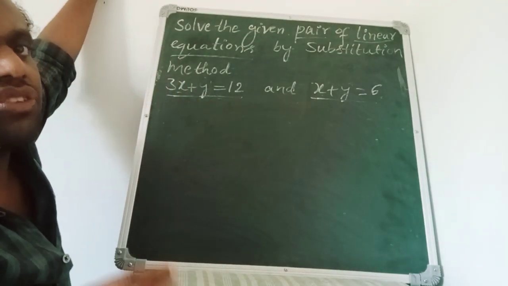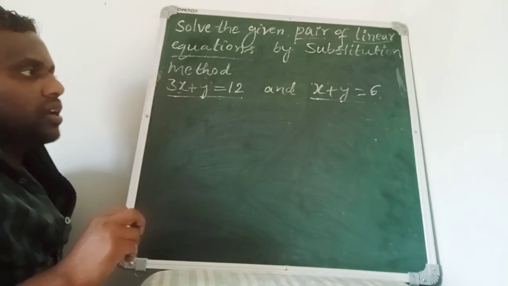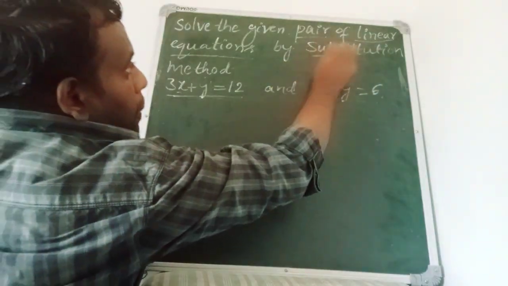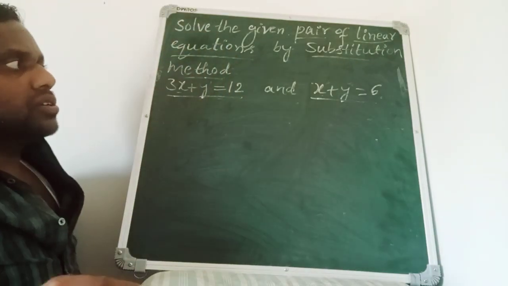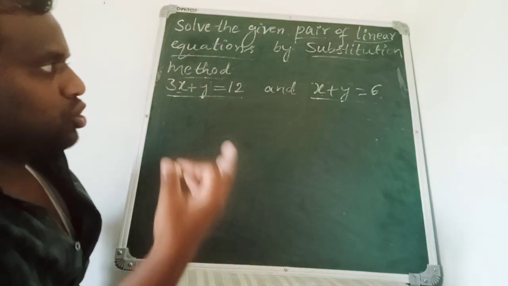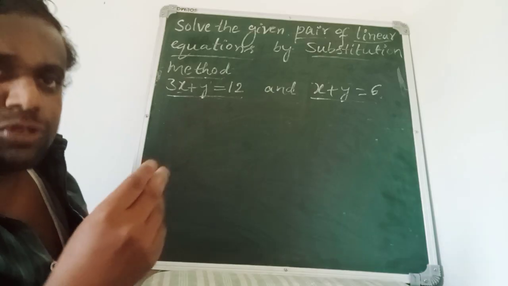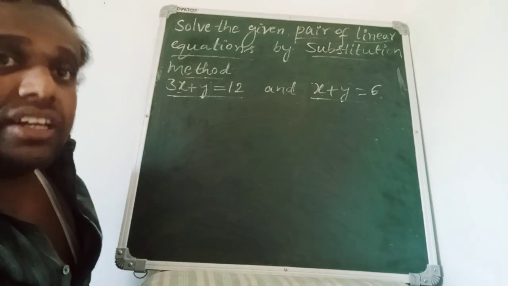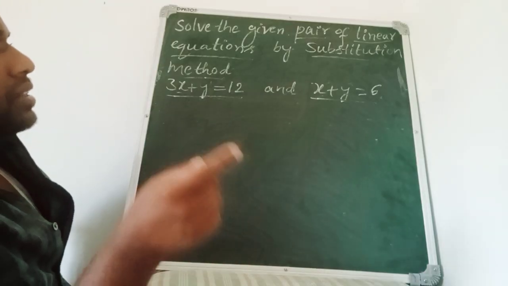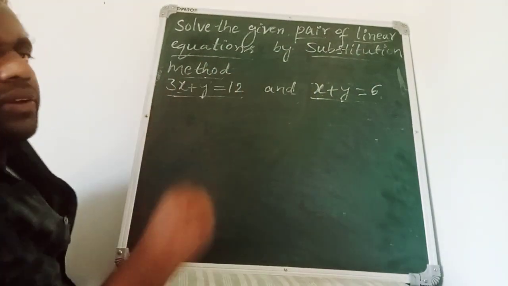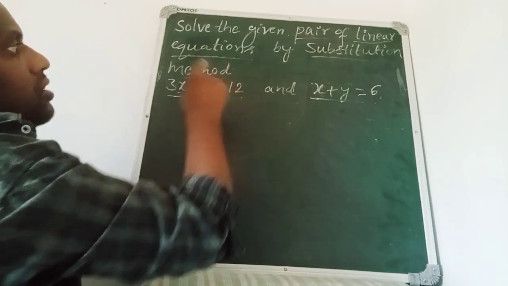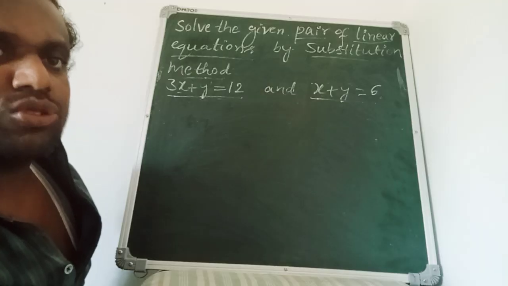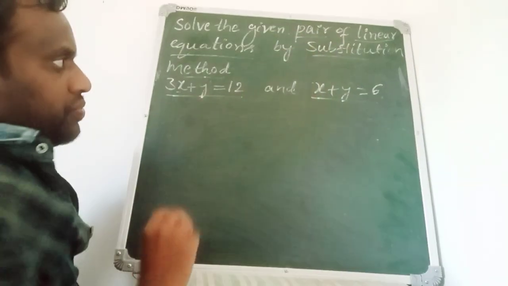They have also given another point, by substitution method. There are many methods to solve equations: substitution method, elimination method, matrix method. But they want substitution method only. Using this method we have to find the values of x and y.